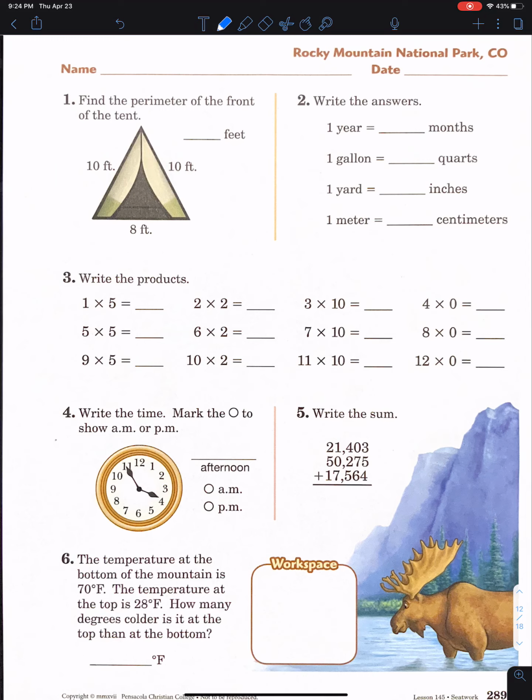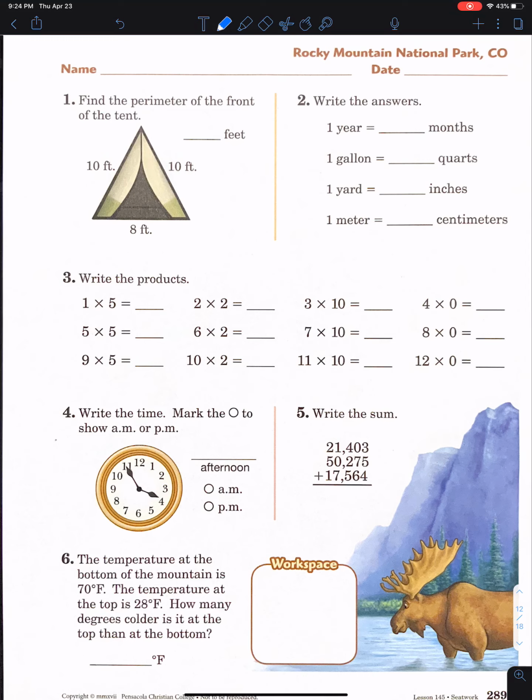So for this tent, we have the sides, each side individually measured. And to find the perimeter, we need to do what? We need to add all three sides together to find the total distance around the outside edge of the tent. So we have two sides that are equal.